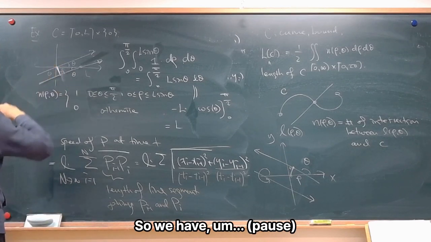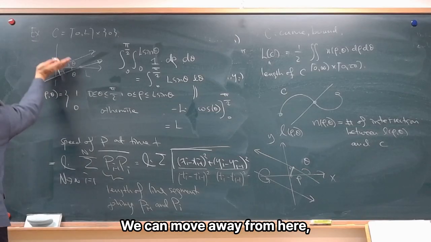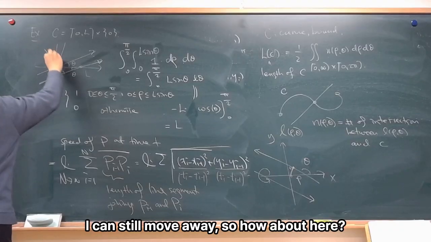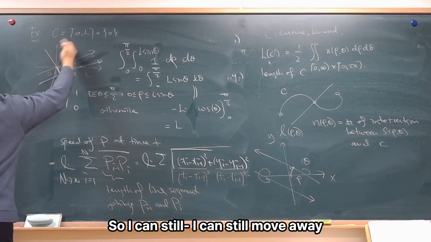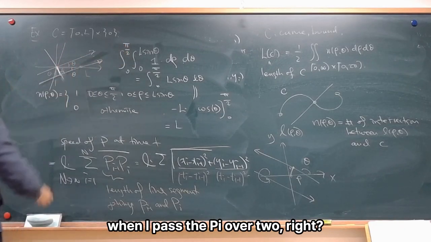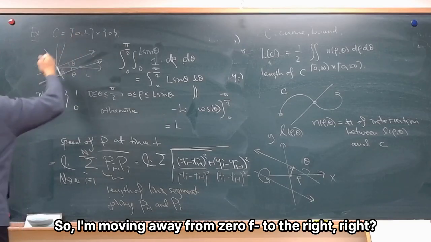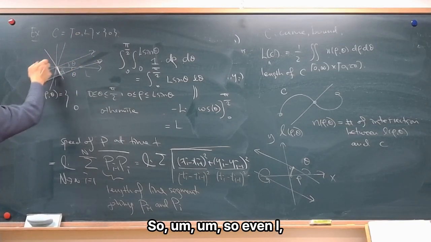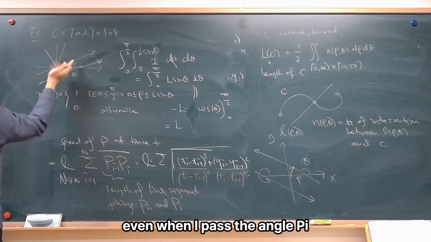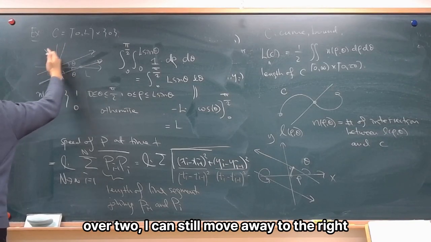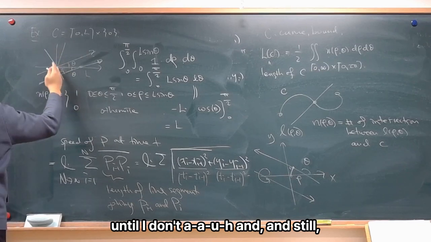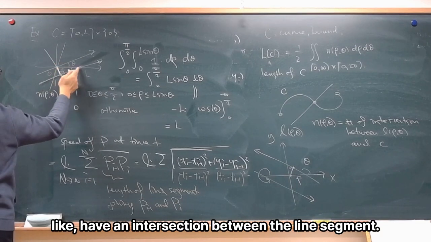So we can move away from here. If I move this way, I can still move away. So how about here? Oh, okay. So I can still move away when I pass pi over 2, right? I'm moving away from 0 to the right. So even when I pass the angle pi over 2, I can still move away to the right and still have an intersection with the line segment.